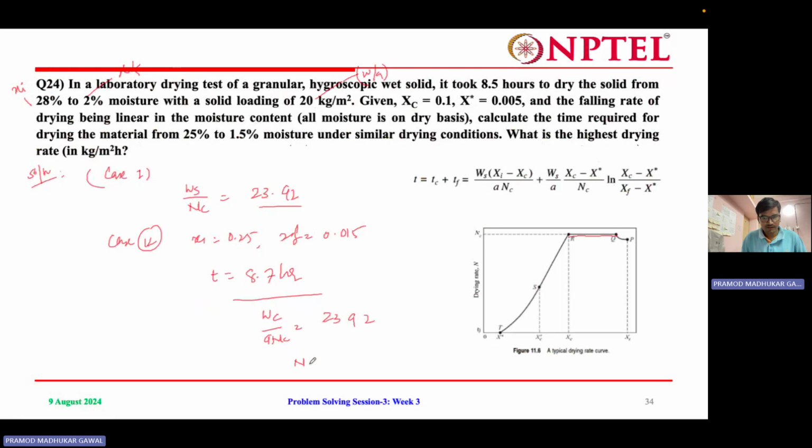So Nc is equal to W by A, here given 20 kg per meter square, divided by 23.92, which is 0.836 kg per meter square per hour. Similarly, we can calculate the lowest drying rate in the falling rate period.